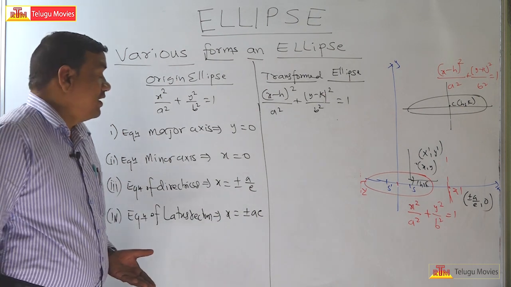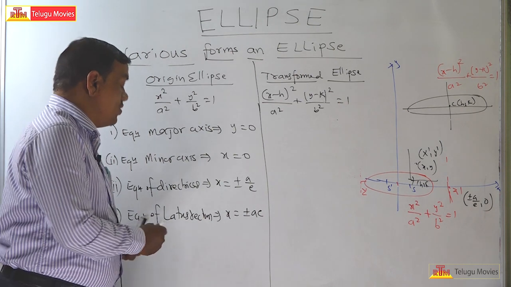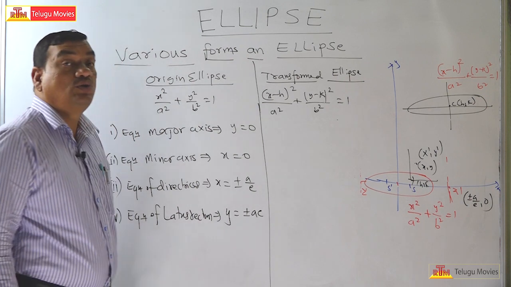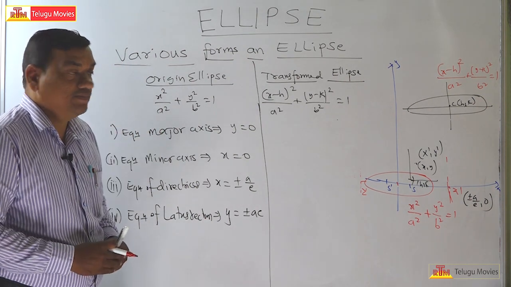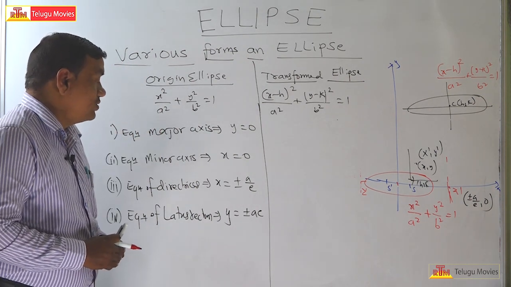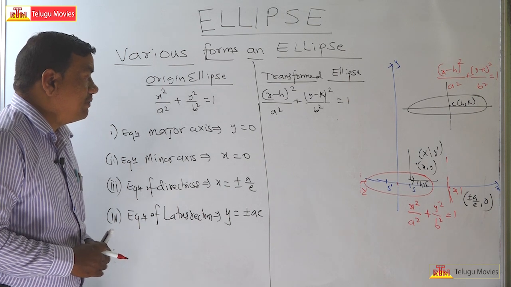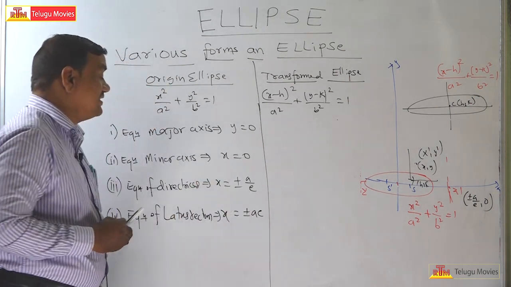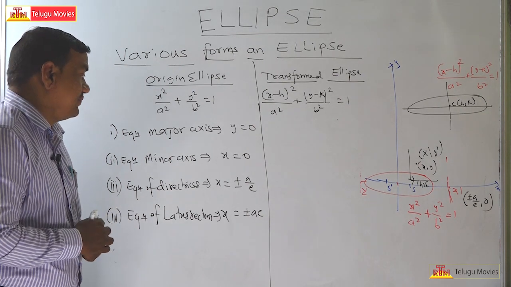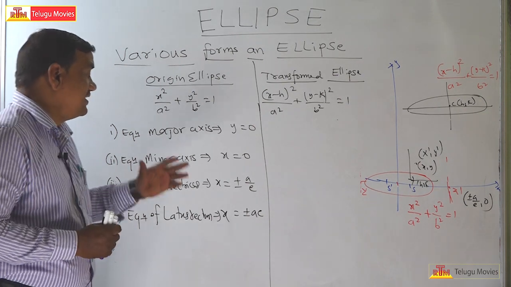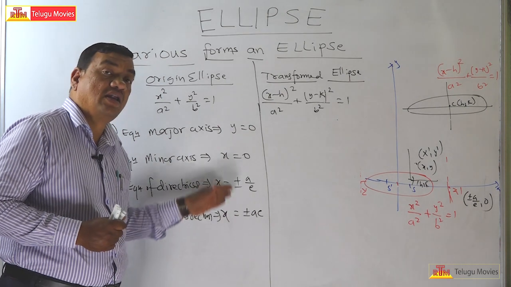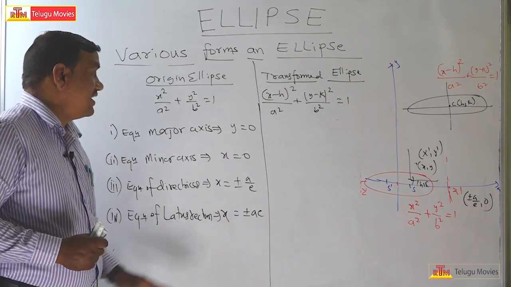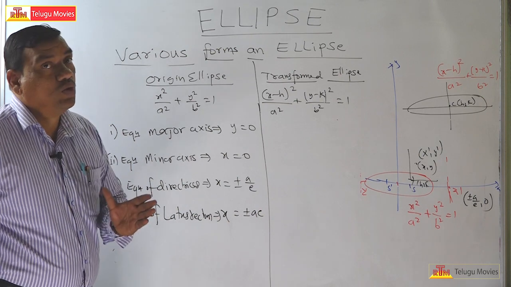Because this latus rectum is parallel to y axis, x is equal to only. All these three, minor axis, directrix, latus rectum, are all parallel to y axis.